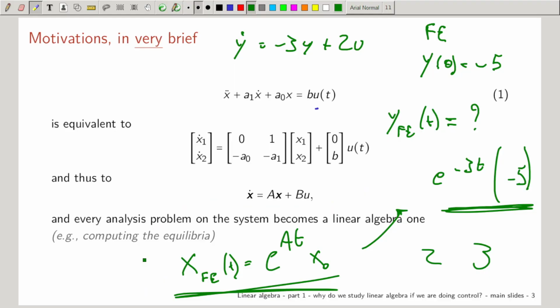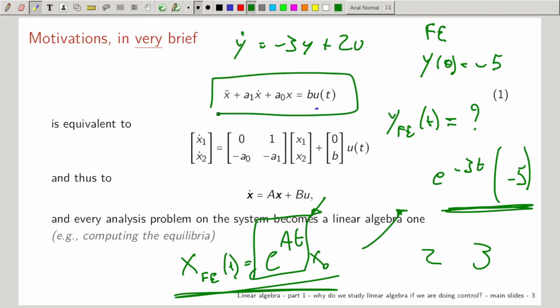Okay? So, why do we do linear algebra? This is going to be a matrix whose properties depend on the properties of this matrix here. Since starting from an ARMA, I can go to this one, and since the algebraic properties of this will imply the evolution of the system will be characterized in a certain way, doing linear algebra is essential.